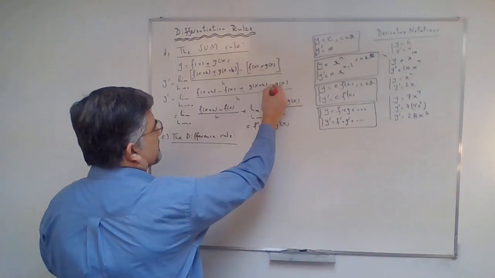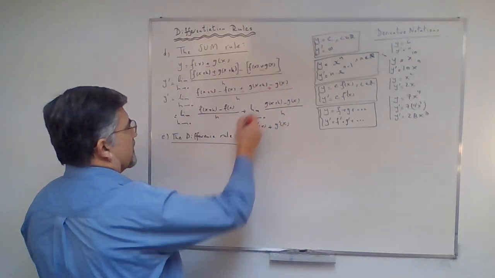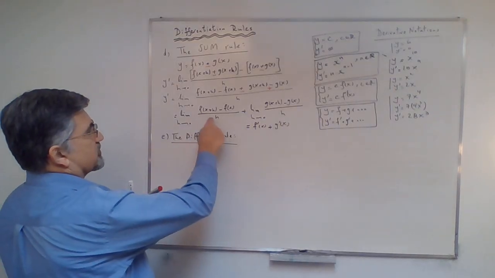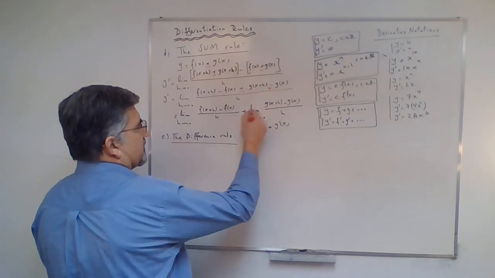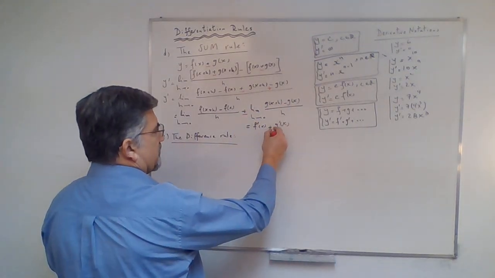Negative times negative is positive, so this becomes positive right here. And then this one doesn't change. This one, if you factor the negative sign outside, that becomes negative, this becomes negative. And as a result, we end up with minus here.